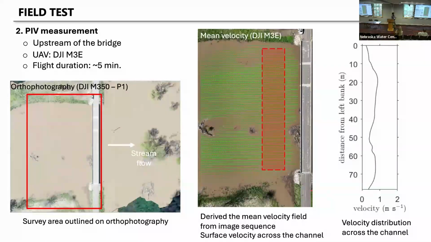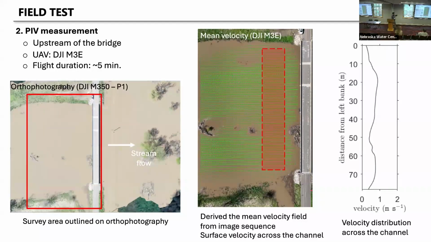We did the PIV measurements upstream of the bridge. We used a smaller drone, the DJI Mavic. The red area is the area we took for the PIV measurements. PIV is particle image velocimetry, so we detect the particles on the surface of the stream and how they move.